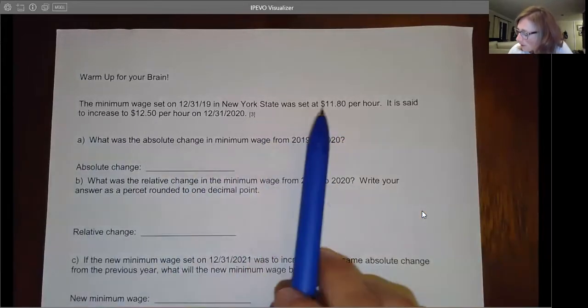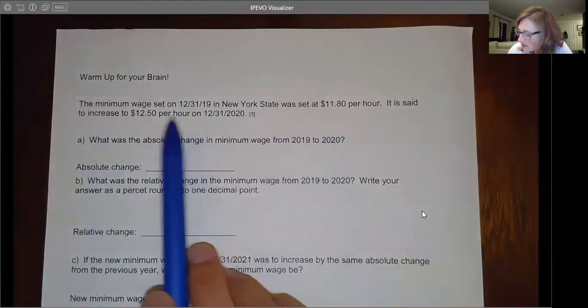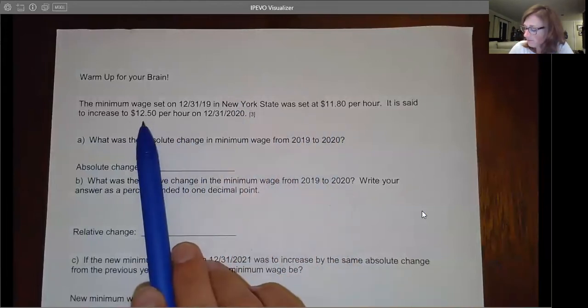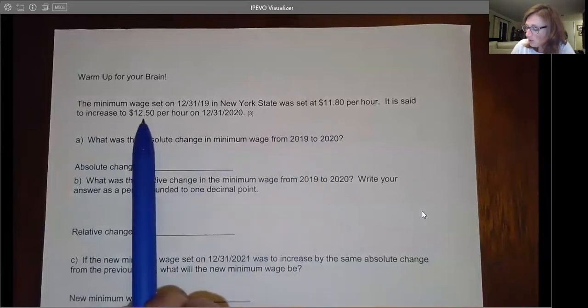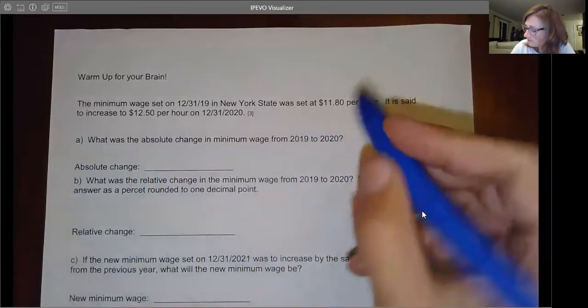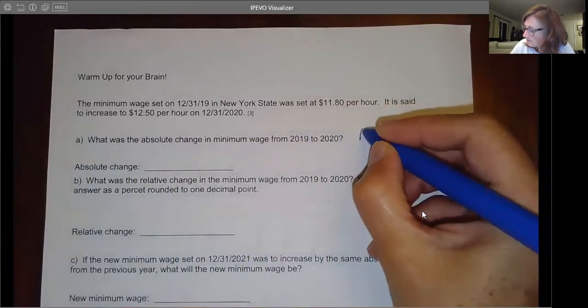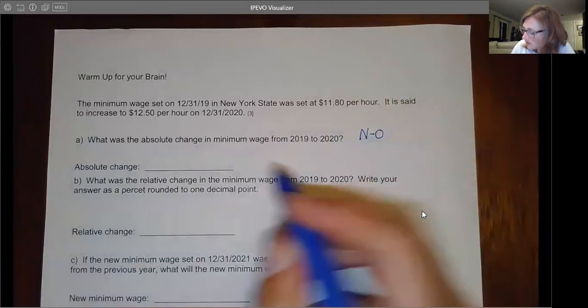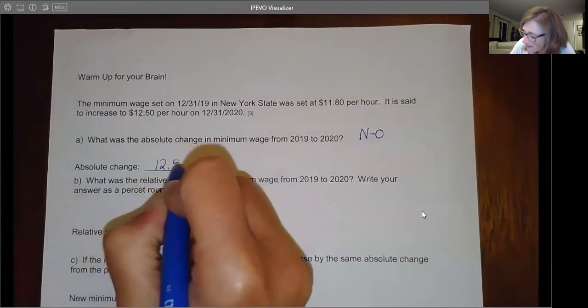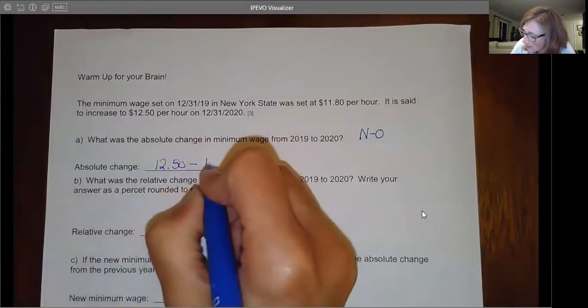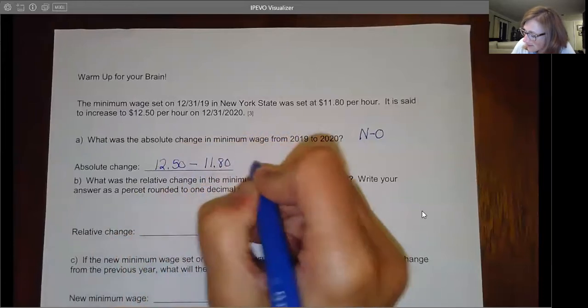So we're going from $11.80 to $12.50. The absolute change is the new minus the old. The new would be the $12.50. The old would be $11.80.